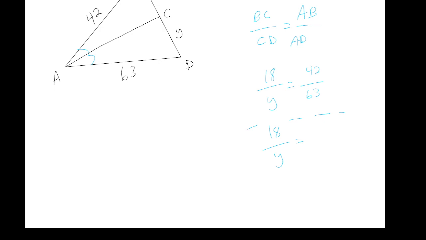Just do a little reduction here. Actually, no. You know what? You guys need to use calculators. Let's actually do this here. All right, punch it into a calculator. So the cross product, 18 times 63. Punch it into a calculator, you're going to get 1134, which is going to be equal to 42y. You're going to divide both sides by 42. And your y is going to be 27.